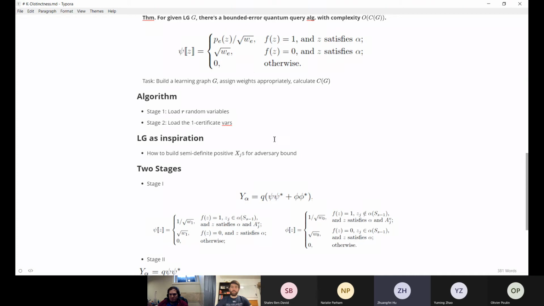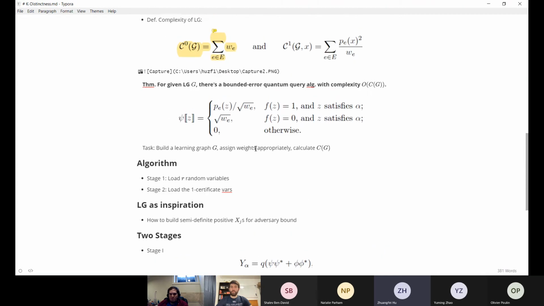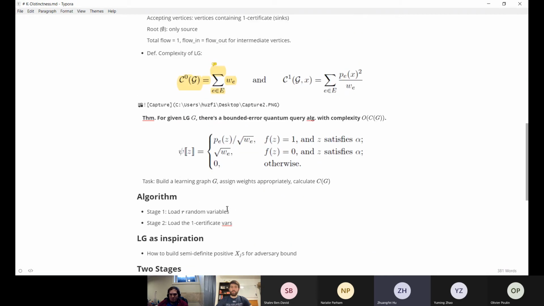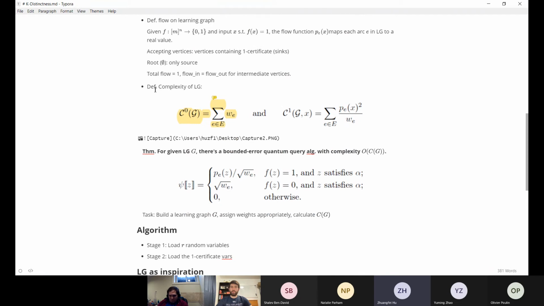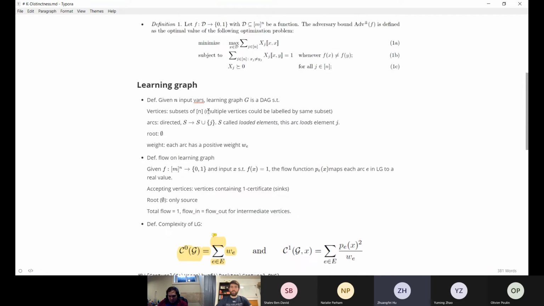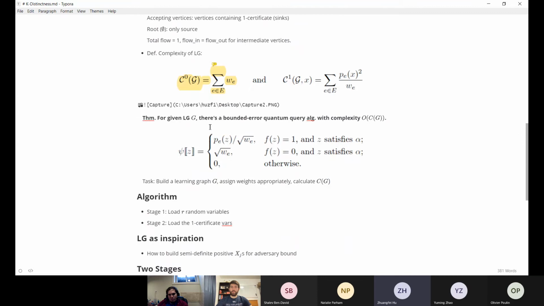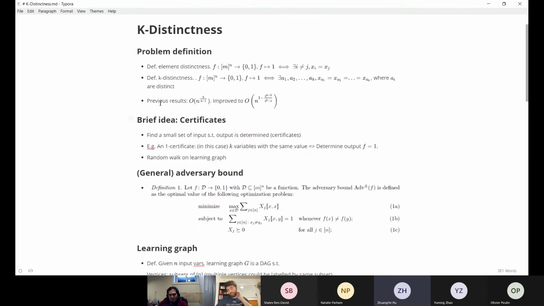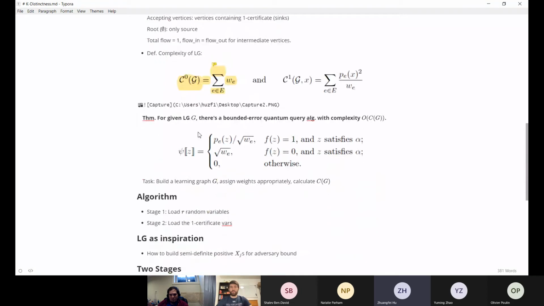In this algorithm, if we calculate the corresponding complexity, we could find that an appropriate selection of R would yield this result.